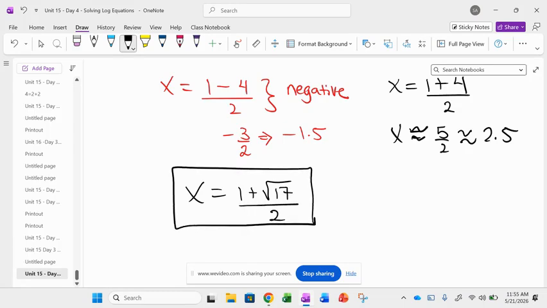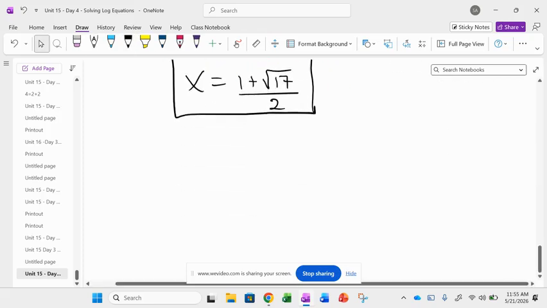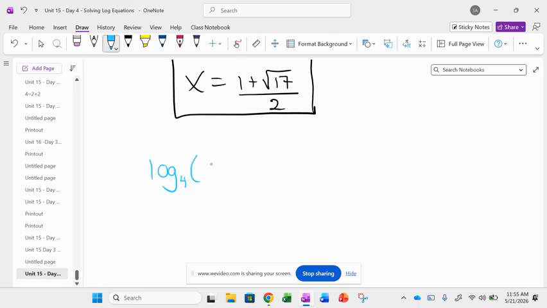So in my last class, they asked, okay, well, do we always just reject the negative number? No, you can't just reject the negative number because let's say, don't write this down, but let's say I had the log base 4 of 5 minus x, okay? And I have that x equals negative 2.